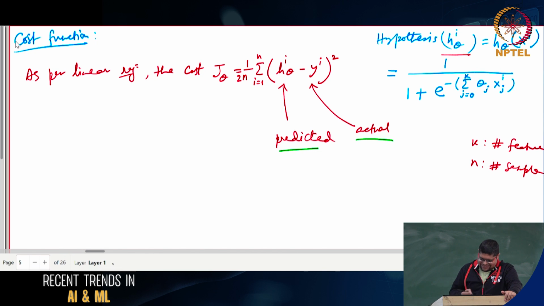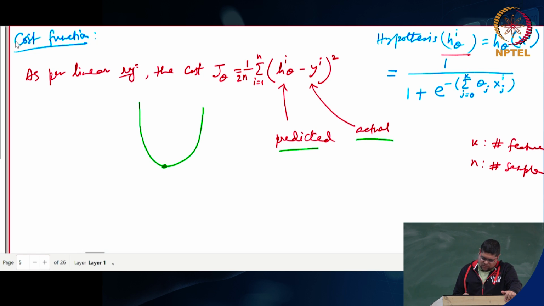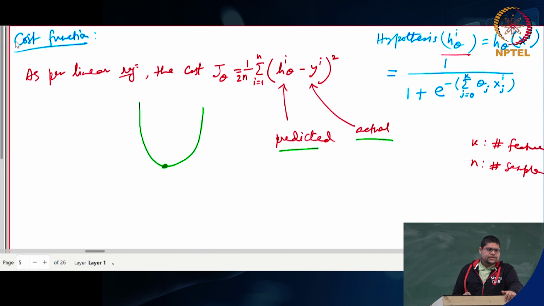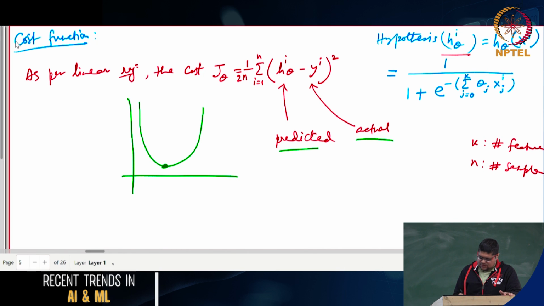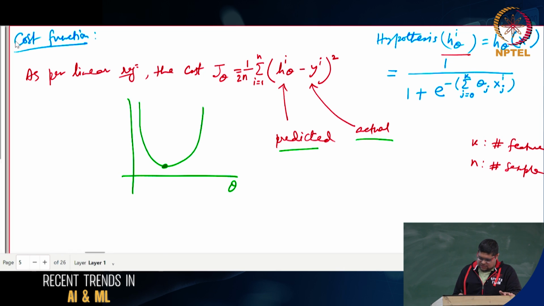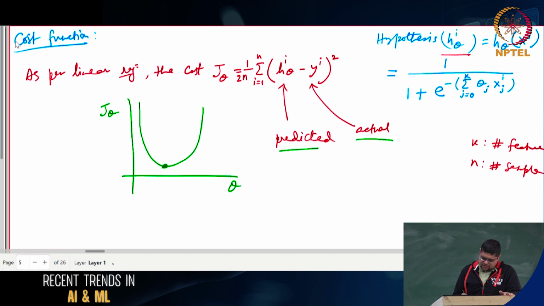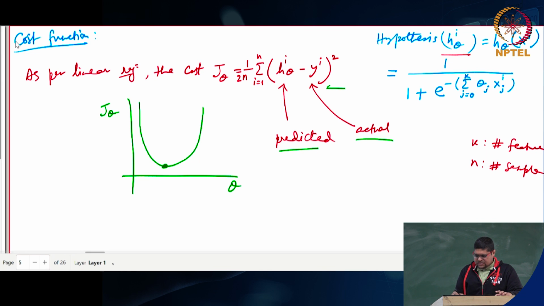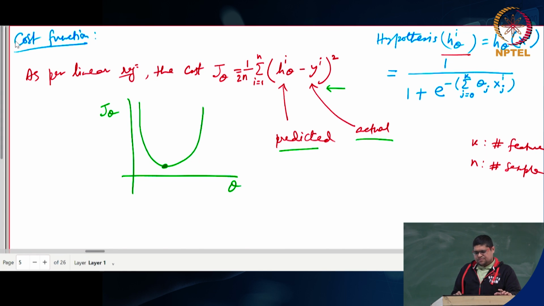So if I think of, suppose this function is looking like this, our goal is to reach over here, right? Minimization. So if I draw this one, say this theta, it will be your J(theta). So our objective is to reach over here. But this square function has some special property.